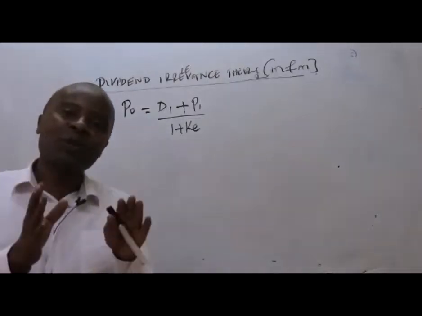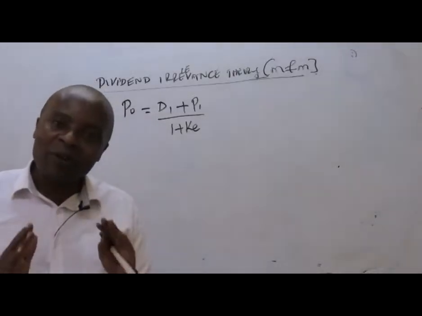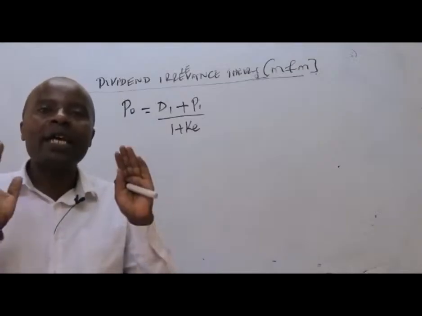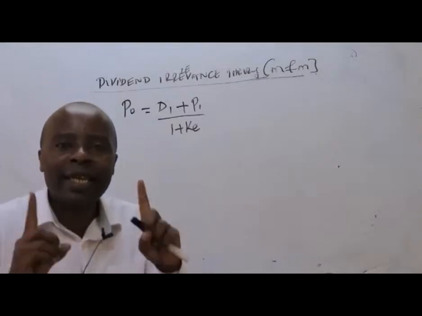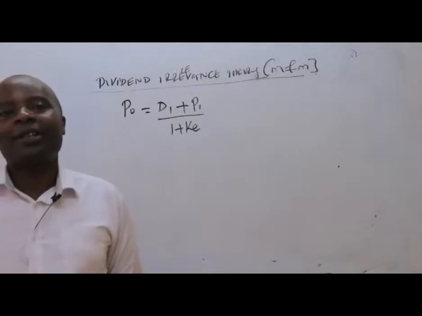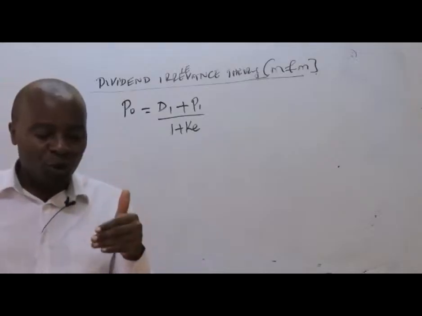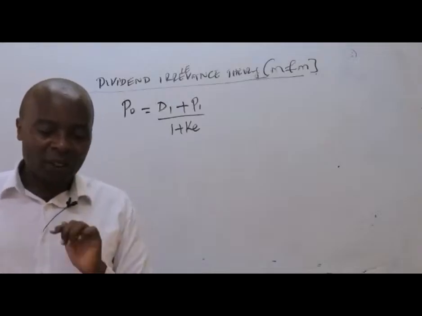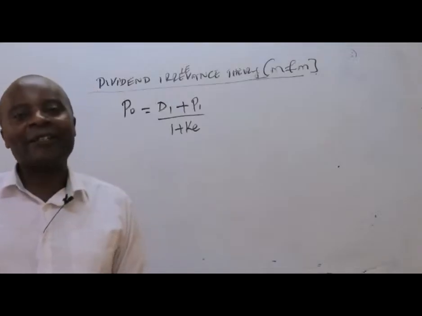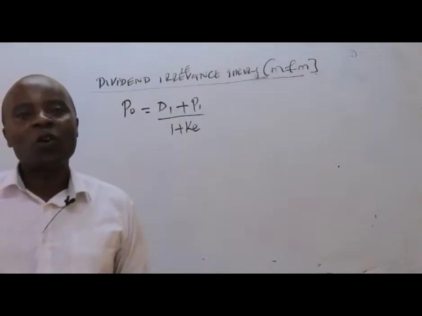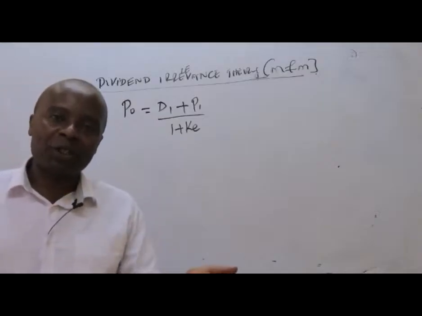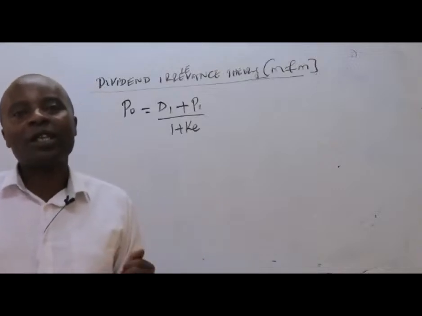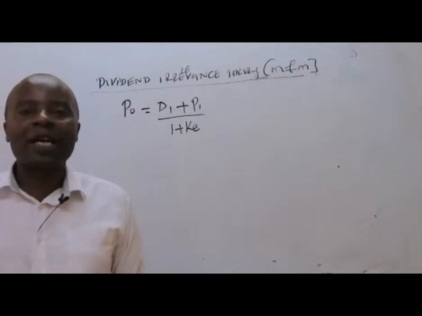This is not our usual valuation formula. This one is an important formula that we only use under dividend irrelevance. If you want to know what your worth is in terms of share price today, just look at the dividend you'll be getting at the end of the year, D1, plus the market price of that share at the end of year 1, and then you discount by dividing with 1 plus K.